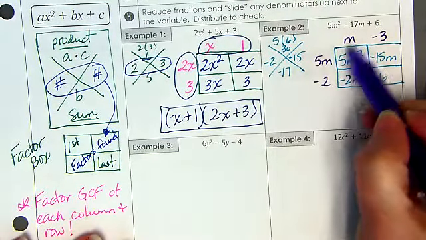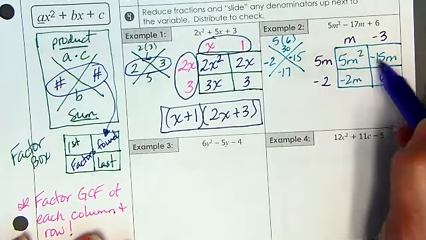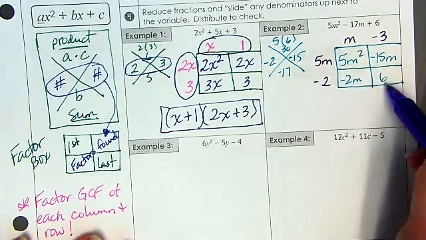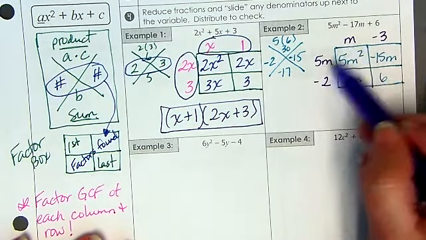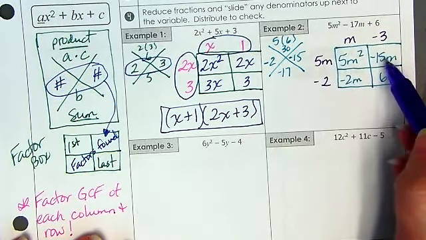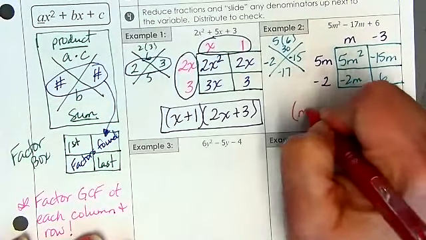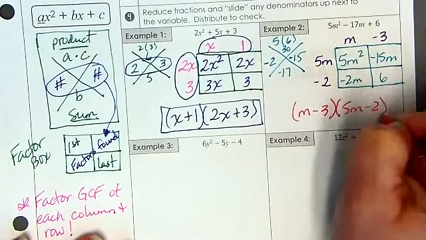So when I multiply back, m times 5m gives me 5m squared. m times -2 gives me -2m. -3 times 5m gives me -15m. -3 times -2 gives me 6. So therefore, what I have on the outside is correct because I should be able to multiply it back and get what's inside. Okay, so this means my answer is m minus 3 times 5m minus 2.